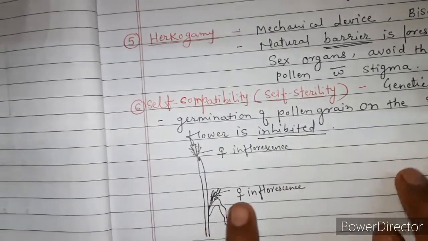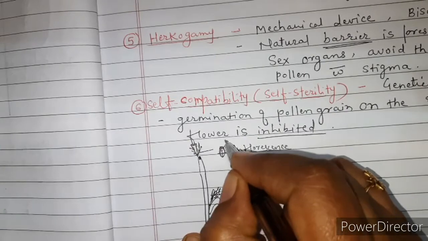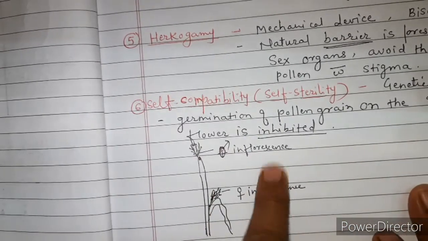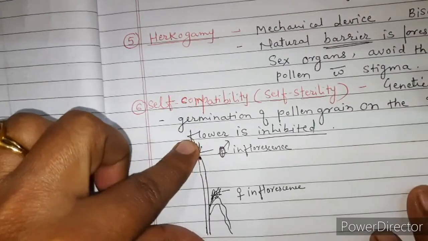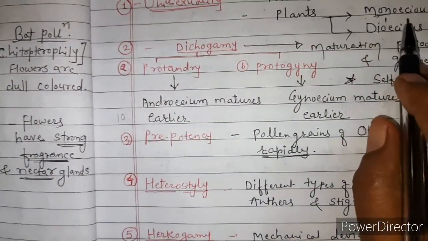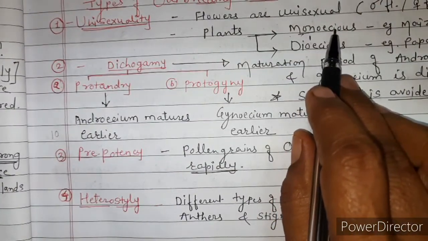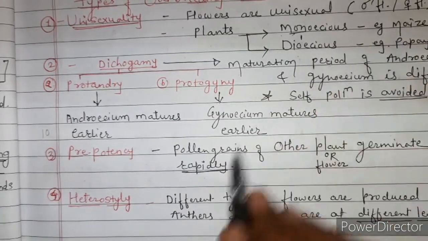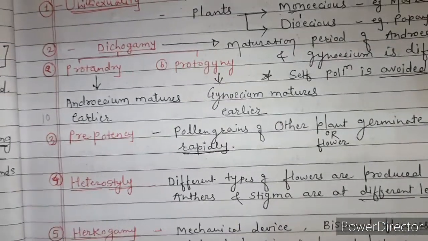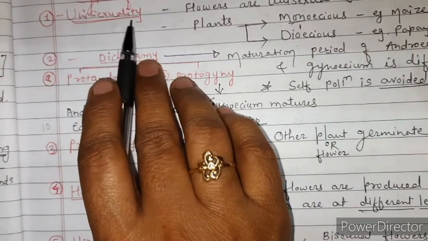So, female flowers and male flowers are produced on the same plant body. Such a plant is called monoecious. So, monoecious means a single plant produces male flowers and female flowers. In such flowers the condition is unisexuality.